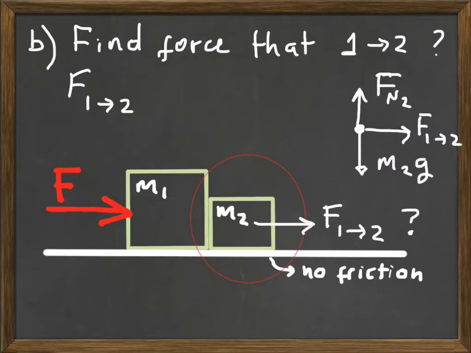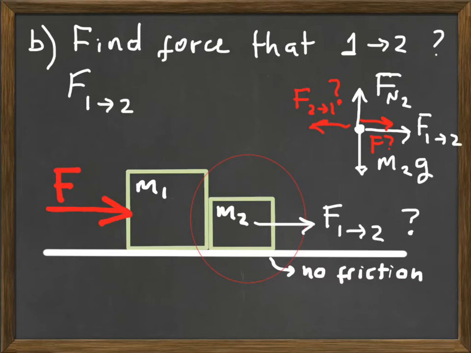One question to consider here is, why do I not include the force, for example, the push, the force in red? Why is that not included in our free body diagram? Another question is, why are we not including in the free body diagram the force that 2 puts on 1? The answer is that free body diagrams involve only the forces acting on the object of interest.